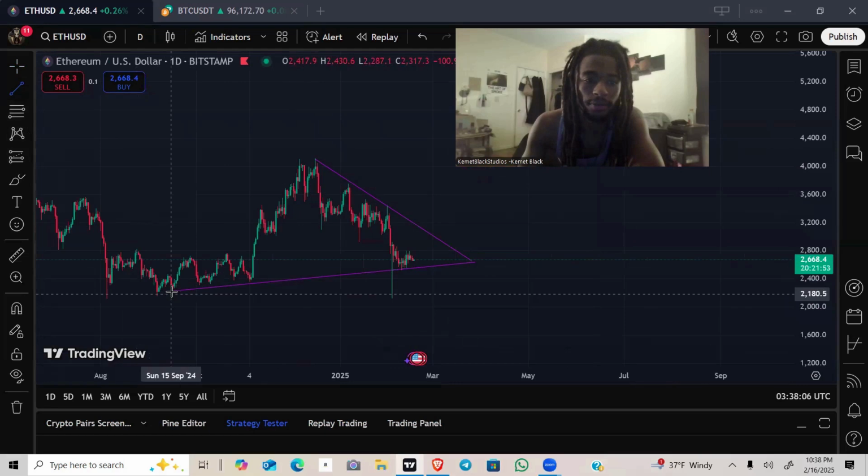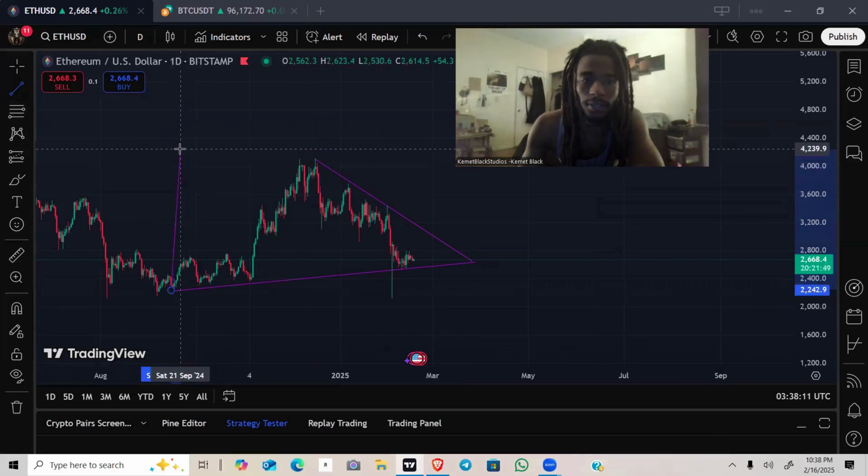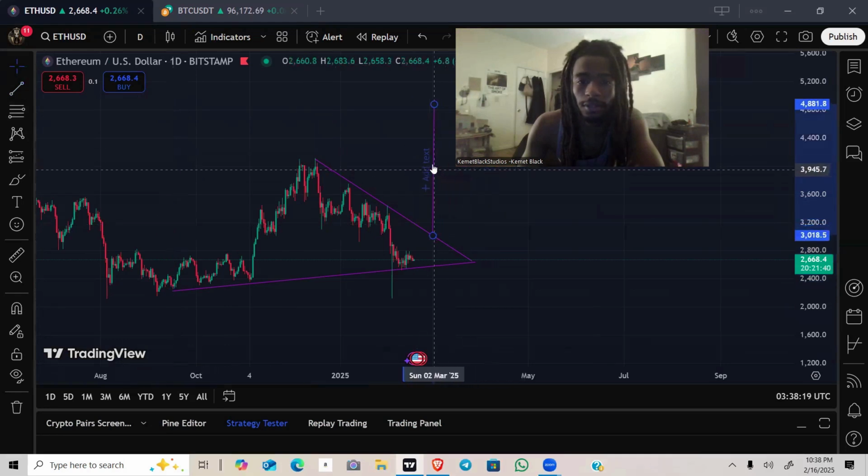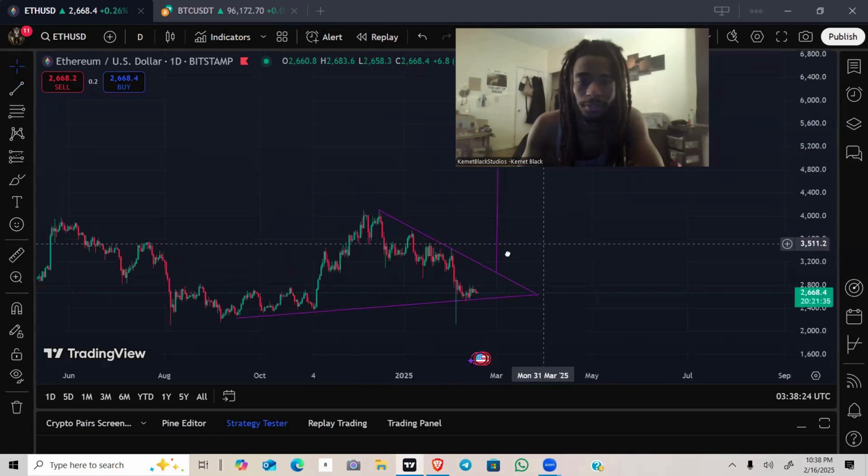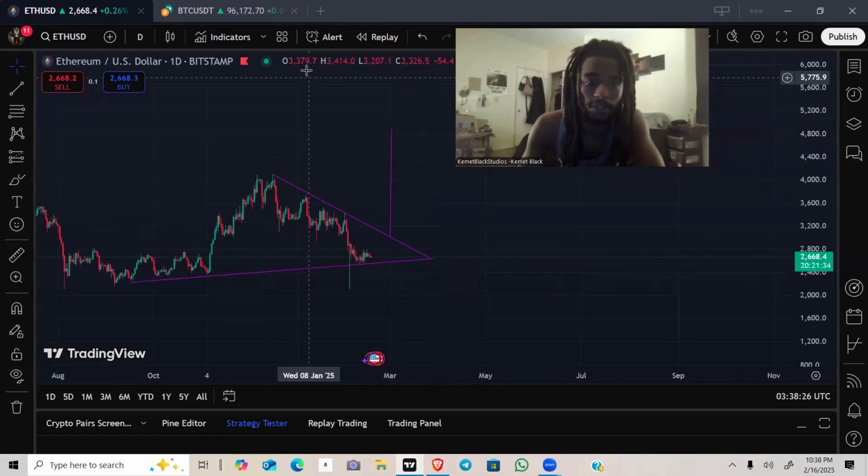And that pattern, if you go from the bottom of the trend line to the top, gives a bullish target of $4,800 for Ethereum. All right, that's our target for Ethereum.